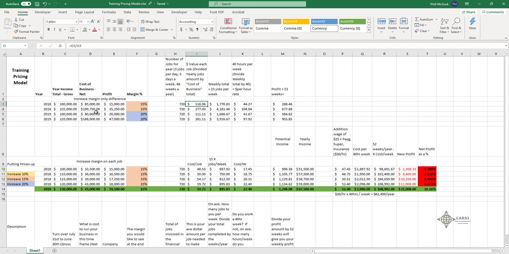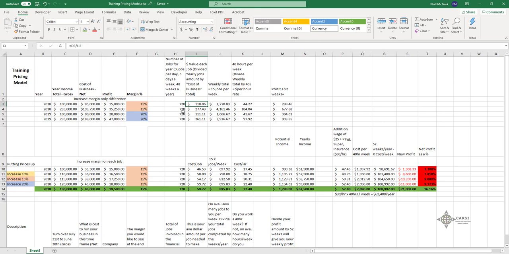At the end of the year, that's what it cost us. I wanted my 15% profit. 15% on $235,000 is $35,250, which is my net profit. If I divide that by the 52 weeks of the year, that gives me $677.88 per week left over as profit.